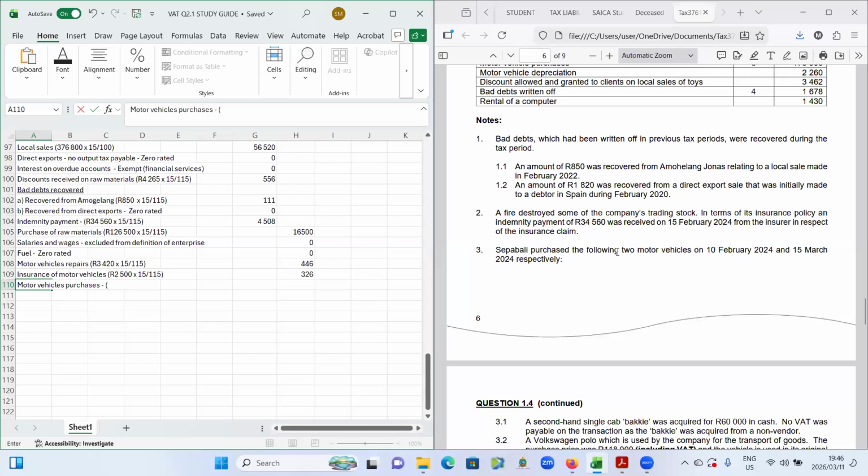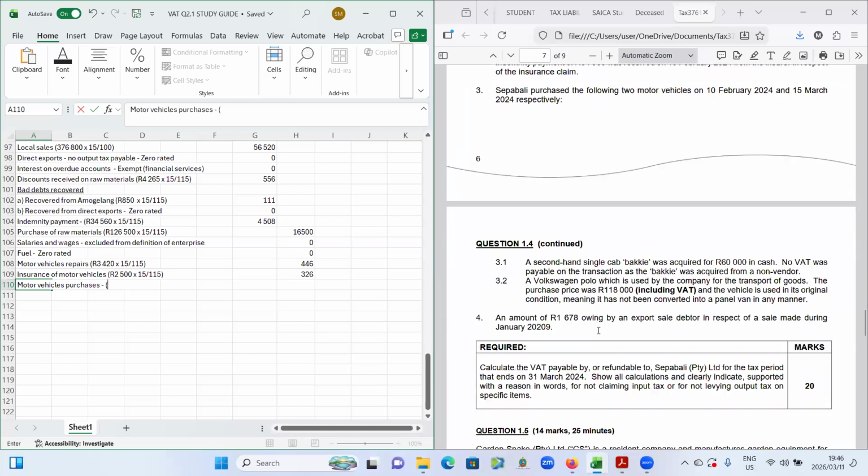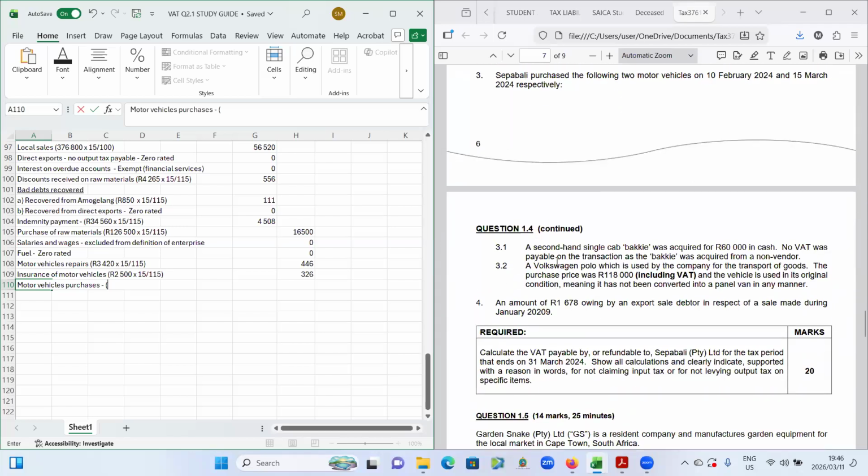Sipapali purchased the following two motor vehicles on 10 February 2024 and 15 March 2024 respectively. First of all, a second-hand single cab bakkie was acquired for 60,000 rand in cash. No VAT was payable on the transaction as the bakkie was acquired from a non-vendor.